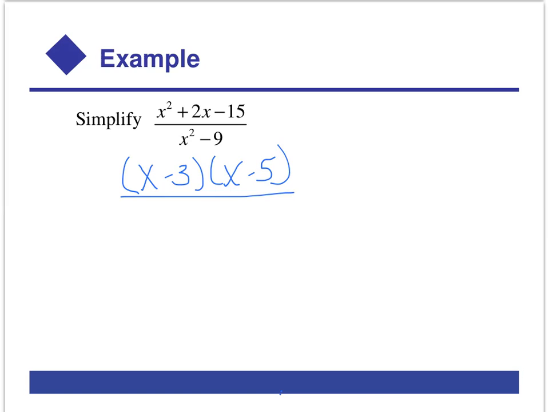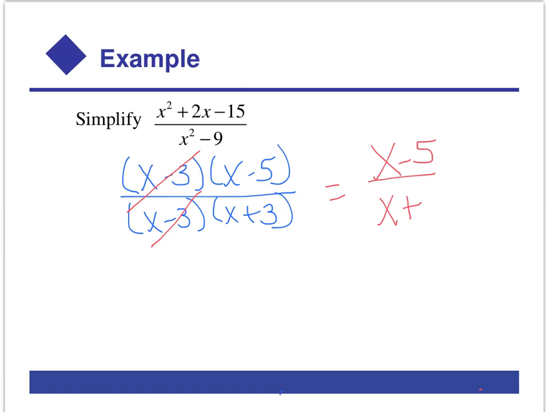Remember, I'm doing your factoring for you. Then we have x minus 3 and then x plus 3. These cancel here and here, so our final is x plus 5 over x plus 3. So it's not as difficult as you think it is when we start working with problems. Okay?